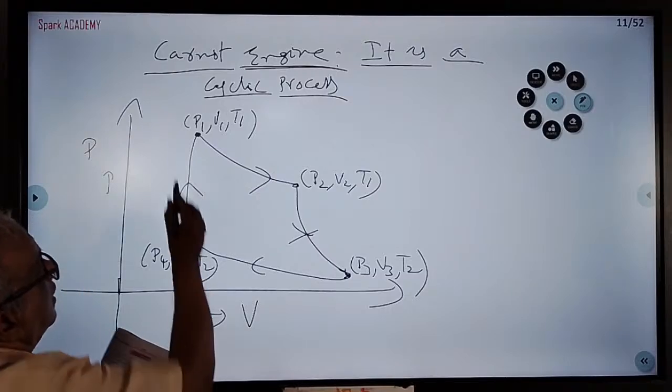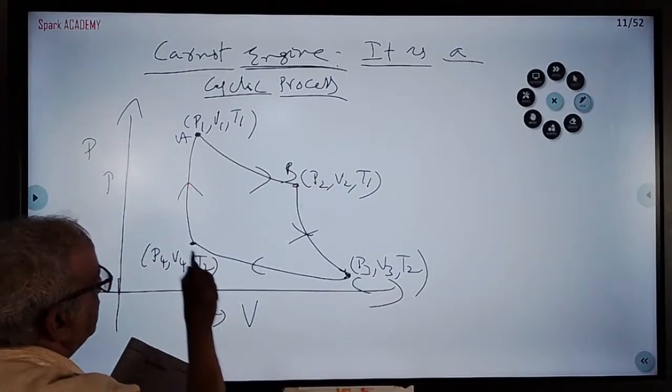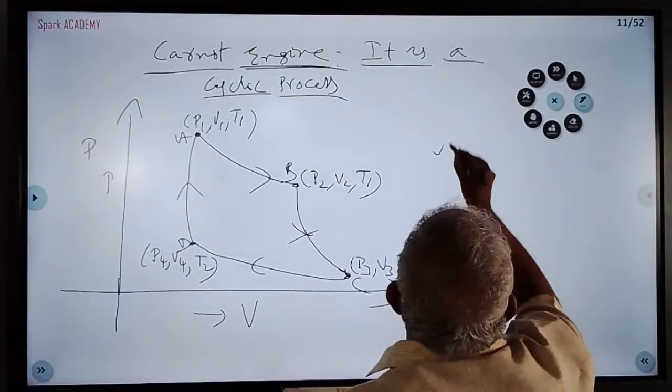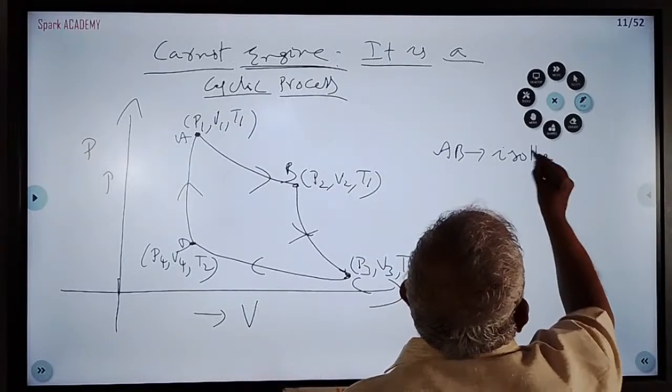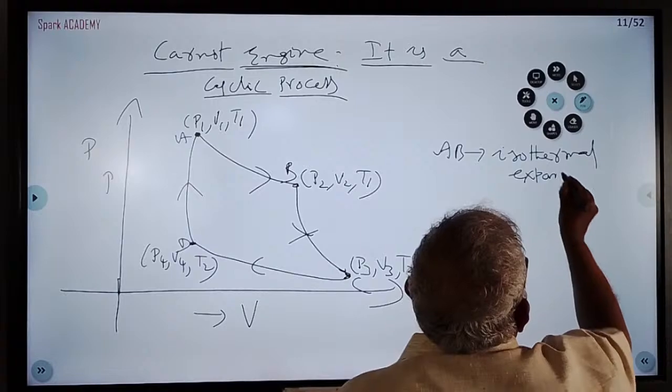Okay, students, I am writing A, B, this is C, this is D. What is AB? Isothermal expansion. Isothermal means temperature should remain constant.